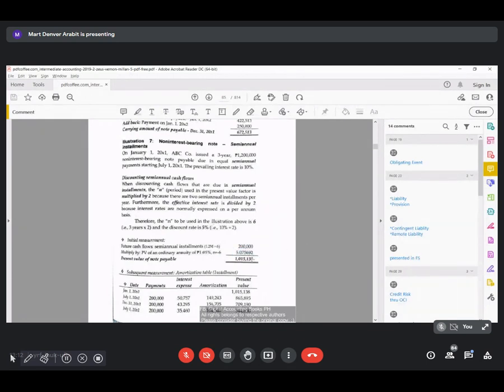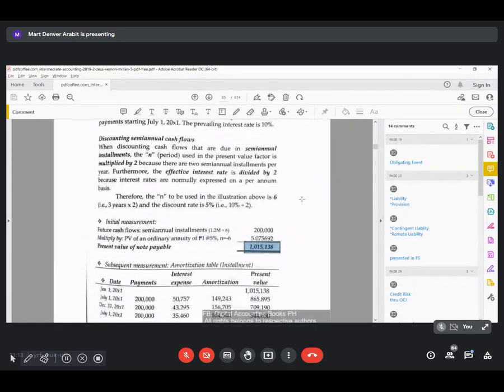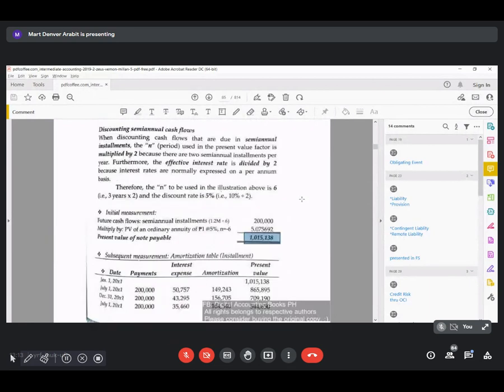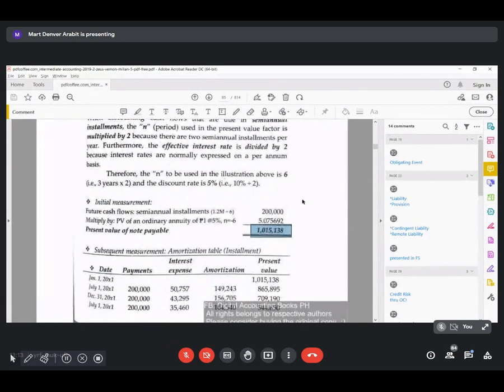Then, the present value of future cash flows amounting to 1.2 M is 1,015,138. Okay, same computation, present value amortization. Okay, so 200,000, 1.015138 multiplied by 10 divided by 2, which is 5%.